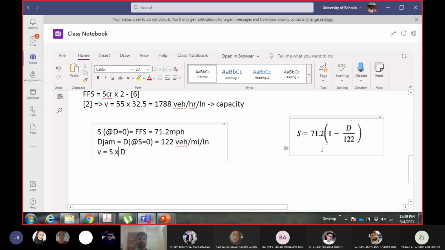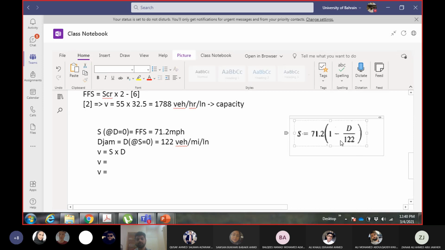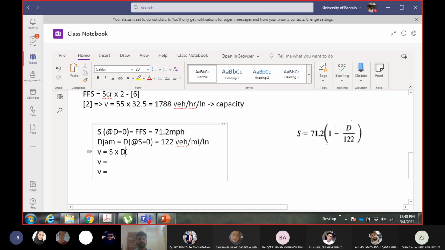Okay, so now you derive the equation between flow and density and flow and speed. Give me the equations between flow and density and flow and speed. Use the given equation and this one. The equation is here. Okay, and use this equation like I did.